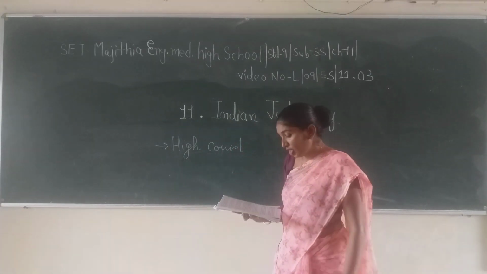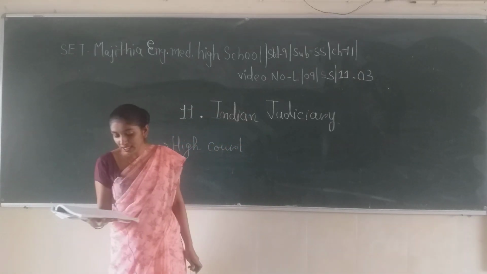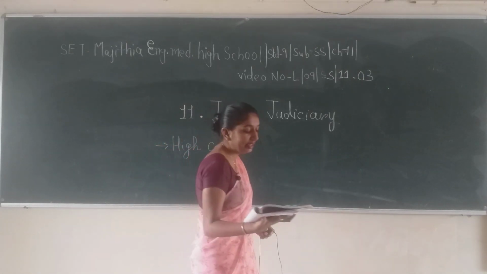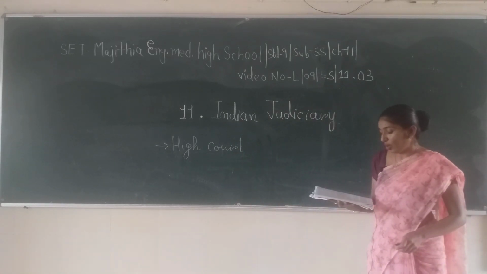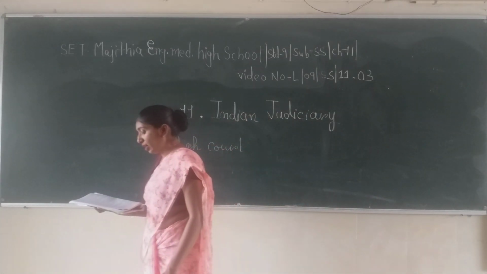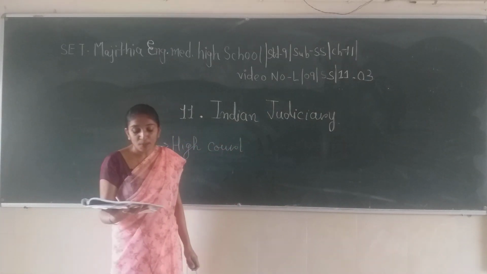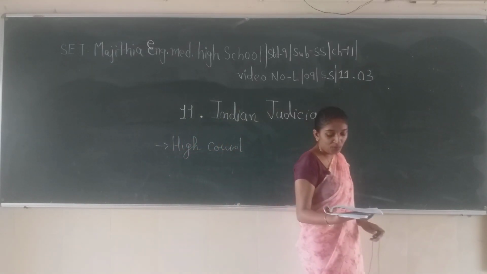One of the key positions in the continuous hierarchical pyramid of Indian judiciary is occupied at a state level by the High Courts. High Court is the apex court at the state level. The Constitution provides one High Court for every state. The President has a power to form High Court for two or more states.